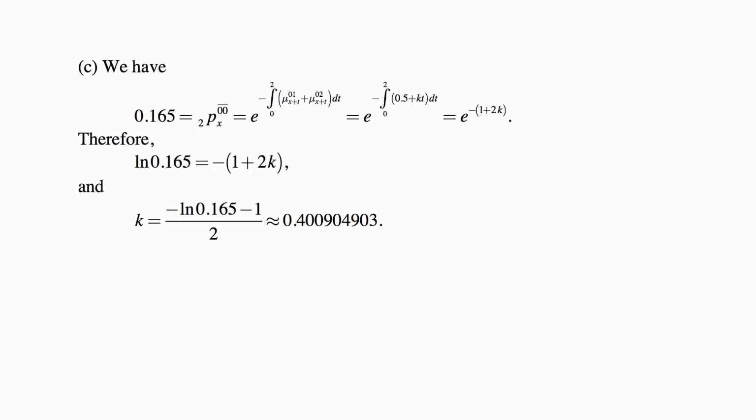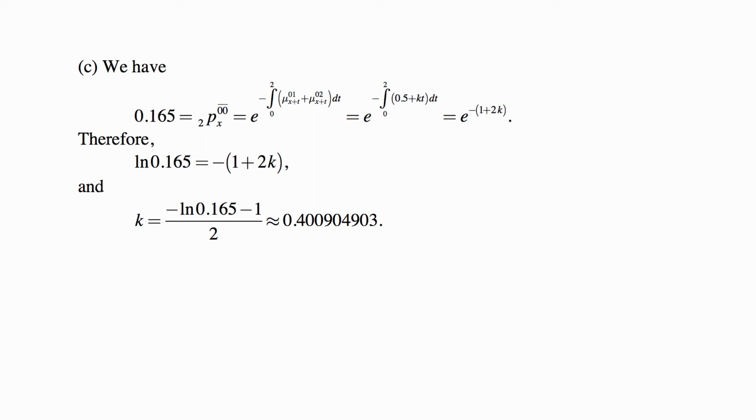And this is like doing the calculations of survival with a constant force in regular life contingencies. You know that the probability of survival of t years with constant force would be e to the minus mu t. Well, it's not constant force exactly, but it's always e to the minus the integral from 0 to whatever time we're looking at.